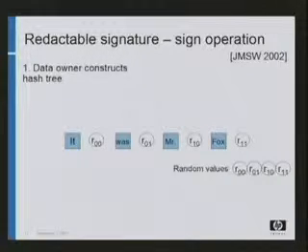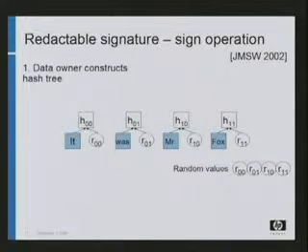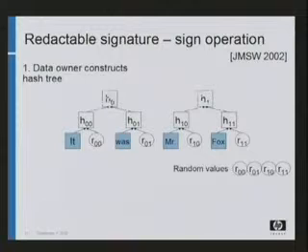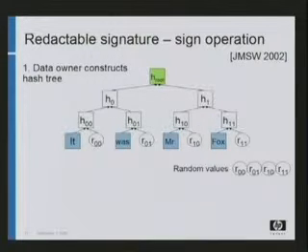The data owner uses random values when computing the Merkle hash tree. For each component of the document, a random value is introduced, and it is hashed together with the text, and a Merkle hash tree is constructed from the bottom up. The reason we use this random value is to prevent a dictionary attack.